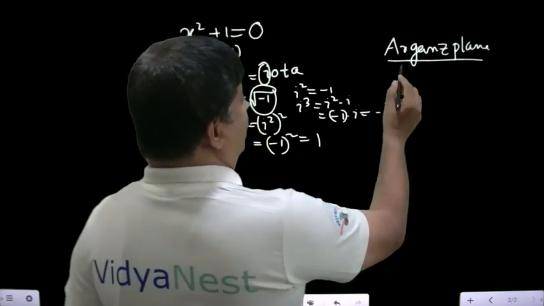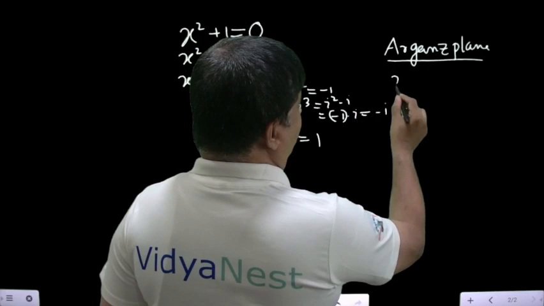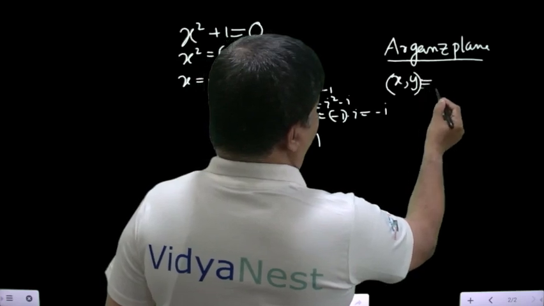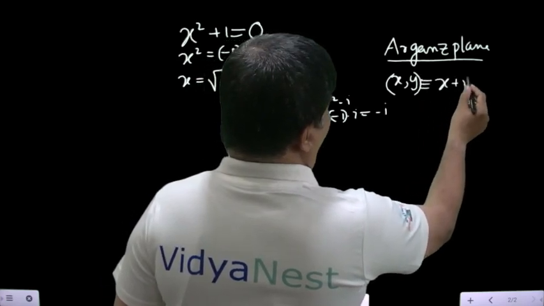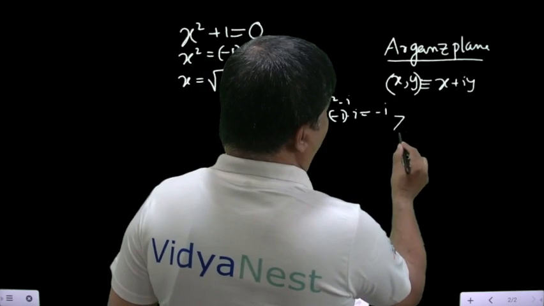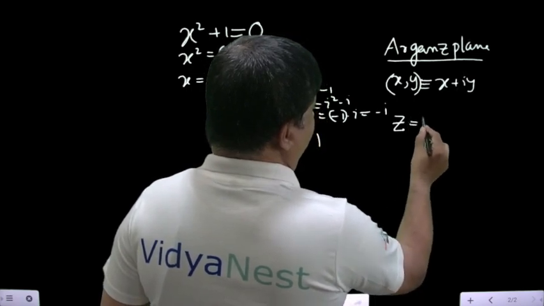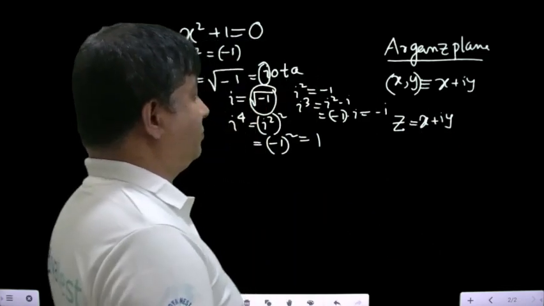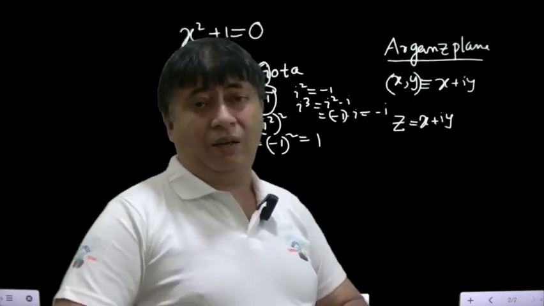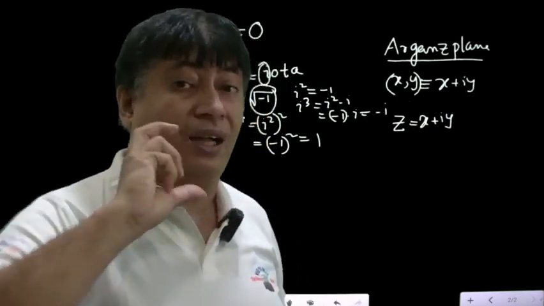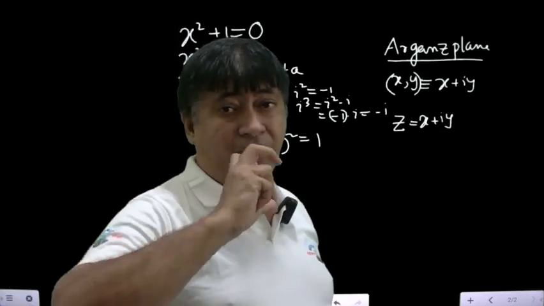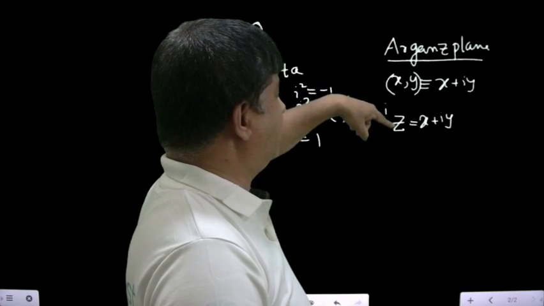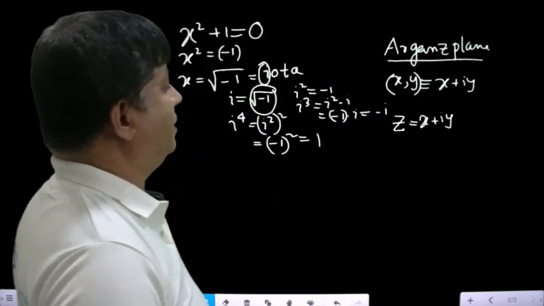In this Argand plane, any number x comma y, any point will be denoted by x plus iy, and that will be kept in z. x plus iy means all points of that type will be kept in the Argand plane, that is denoted by z plane.